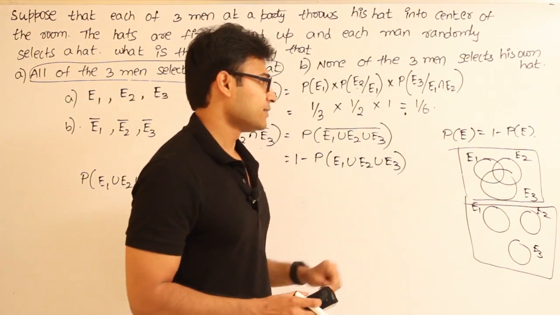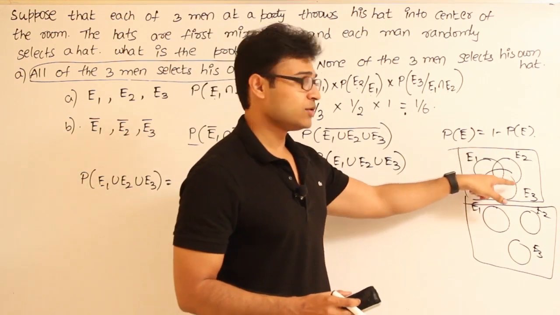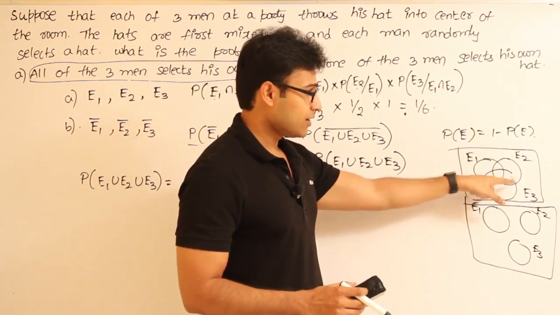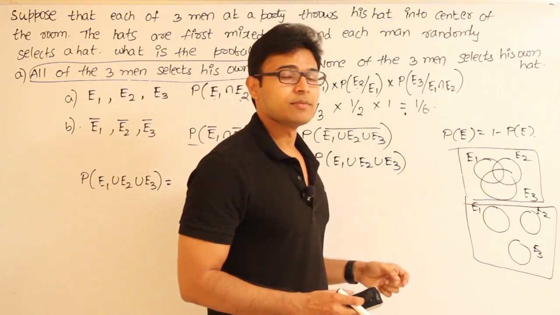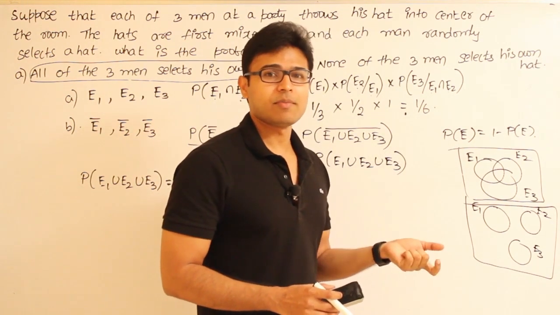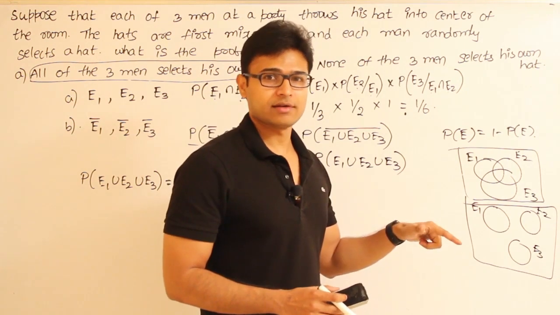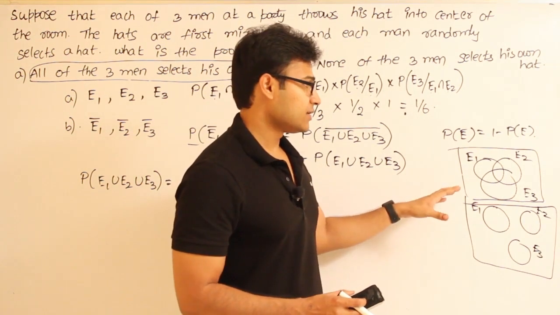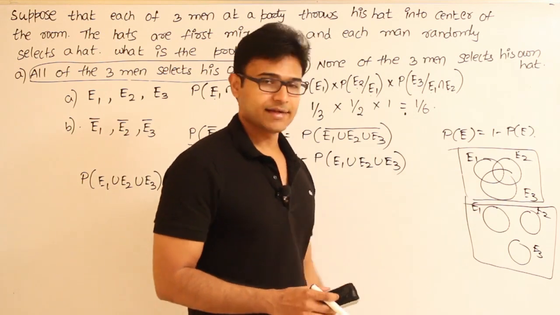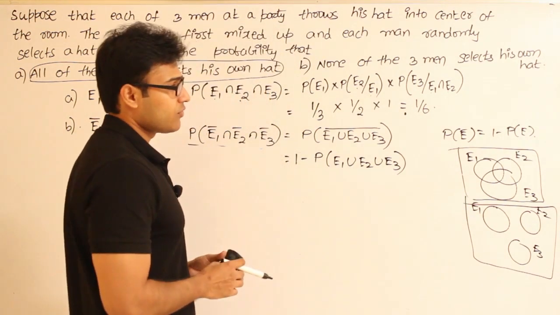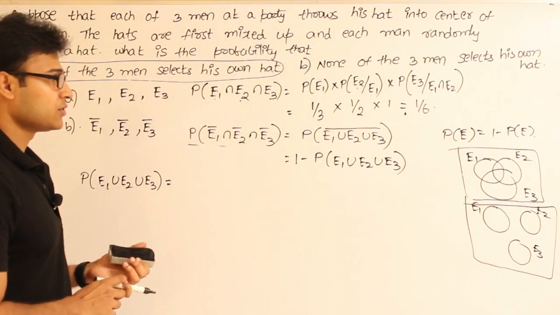In case they are looking like this, then we have to add them, and when you are adding all of them, you might have added some of the parts 2 times, right? And therefore you are supposed to subtract them, right? So that is the reason you should know how it looks. So how to find it out? Depending on the nature of the question, you can find it out.